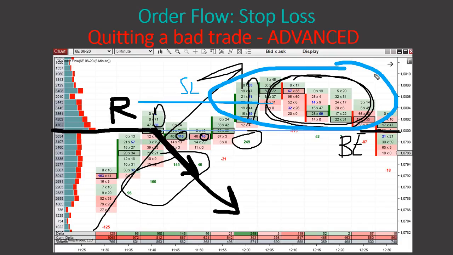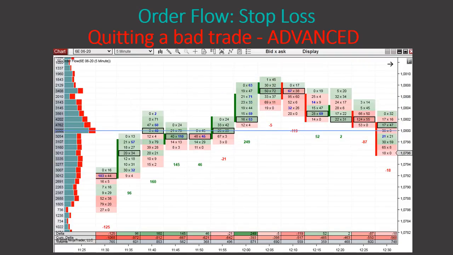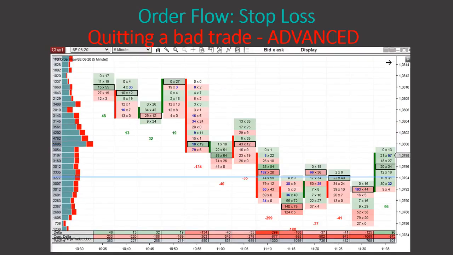But this way, there is some room for the price to breathe and for me to think about the situation and possibly to quit the trade at break even if I don't like the development. Alright, so this is also the reason I like to use wider stop losses.